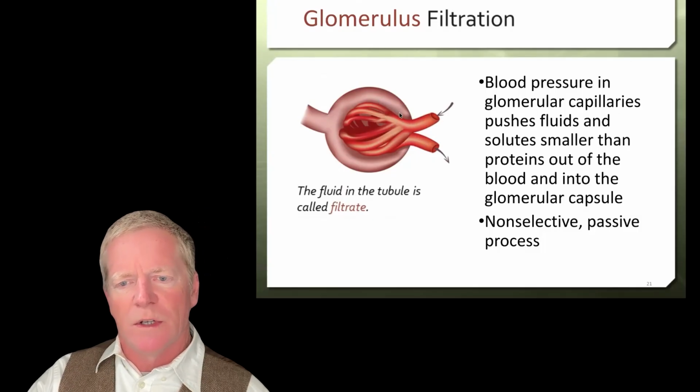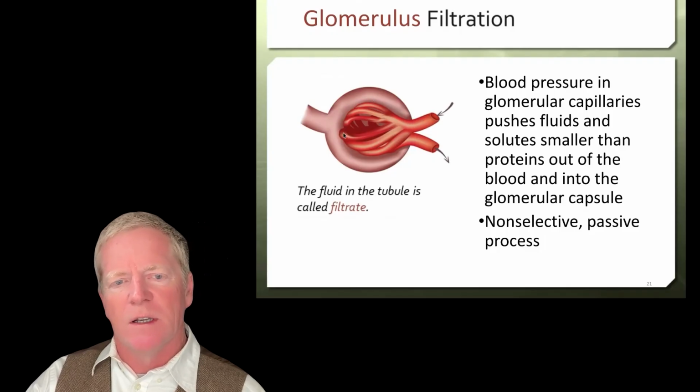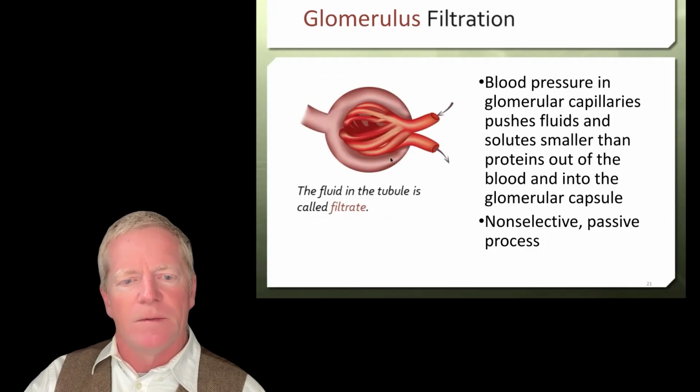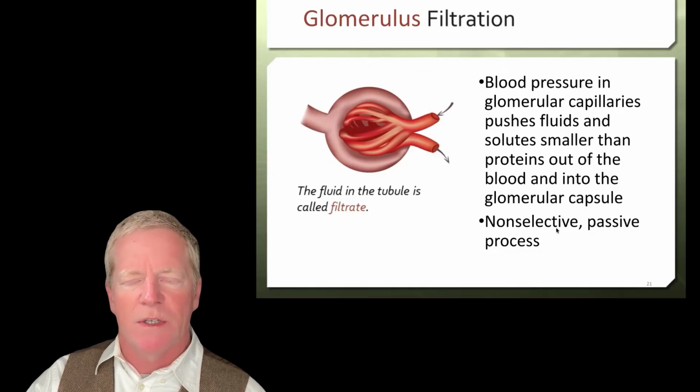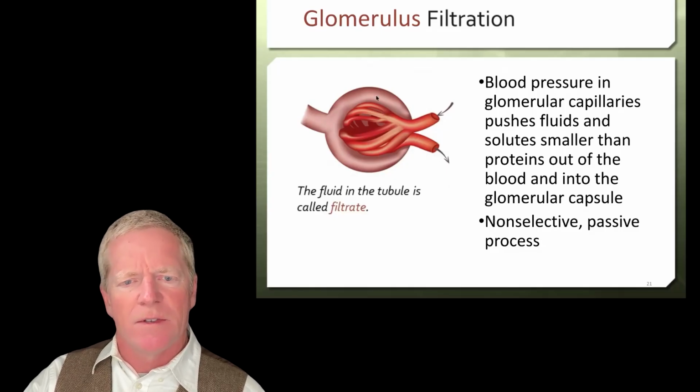And smaller solutes, anything that's smaller than a protein, basically gets filtered. And the filtrate enters the tubule here. This is a non-selective and a passive process. So a lot of the solutes that your body requires and needs are lost into this filtrate.